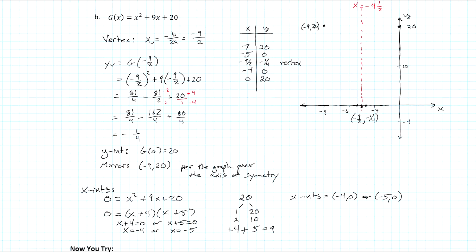So let's plug in a couple more numbers. I feel like I want something in these spaces, you know? So I think I want to have like a negative 2 in there somewhere. So this is going to be out of order. Let's move this negative 9 and the 20 up a little.